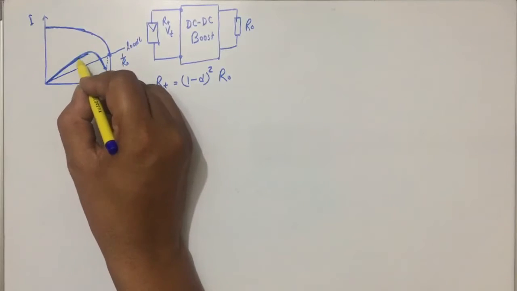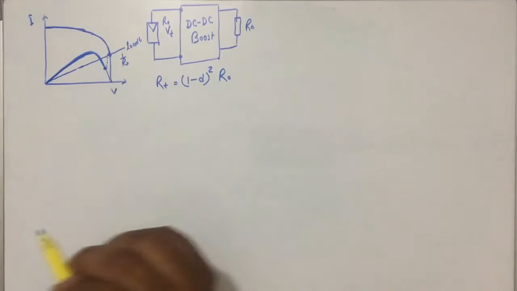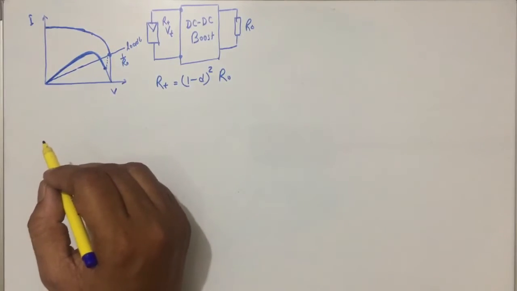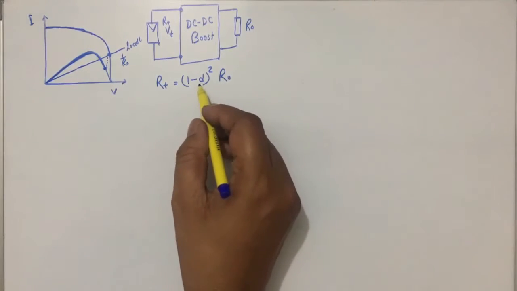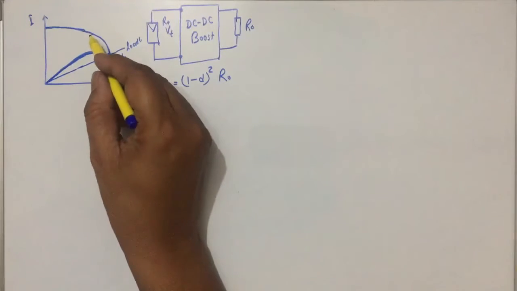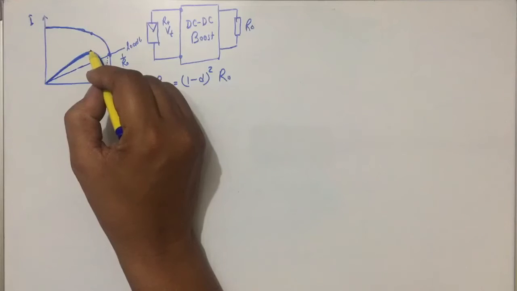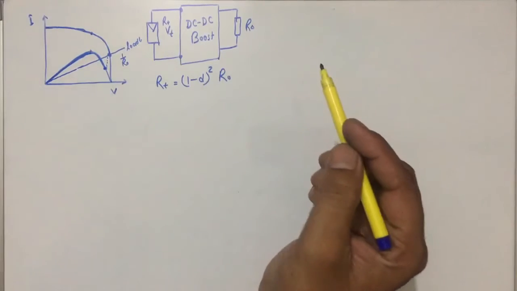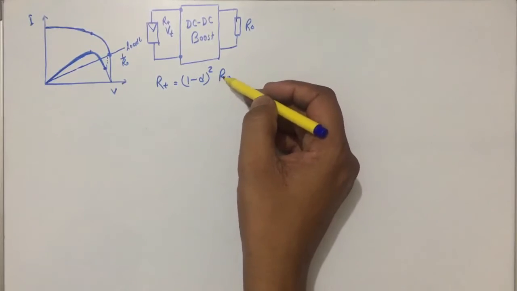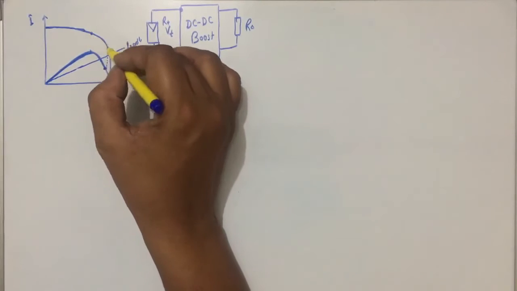This was the power from 0 to this point that can be obtained. In this case, it becomes possible that with the variation of the D, the operating point can be set at this to get the maximum power, irrespective of the load, if 1 by R0 lies between this region.